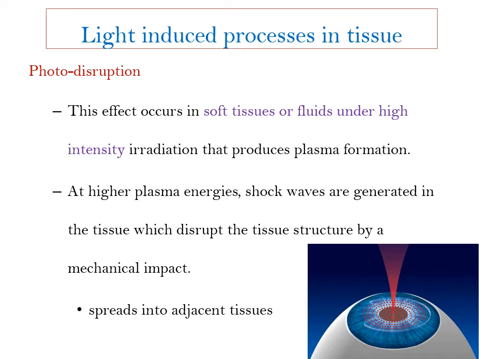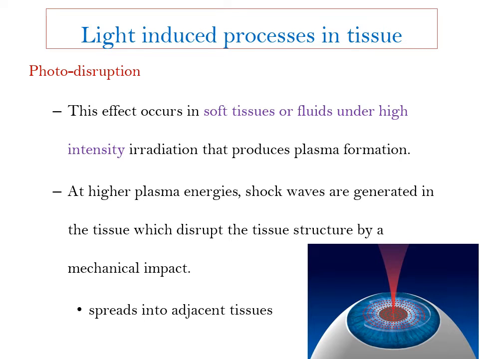So with these extremely short pulse durations, optical breakdown may be achieved while significantly reducing plasma energy and thus disruptive effects. So during photodisruption, the tissue will split by mechanical forces. In the case of plasma-induced ablation, this process will be spatially confined to the breakdown region.